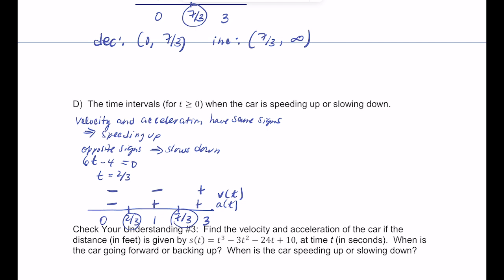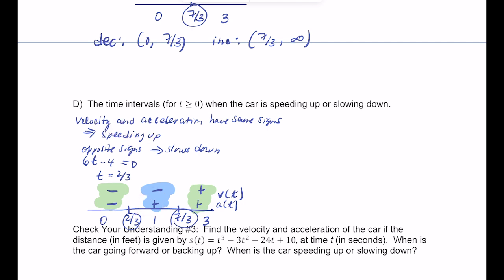Okay, so what I can see here is that the signs are the same here and the signs are the same here, and they're different right here. Okay, so when the signs are the same, it means that the car is speeding up. When the signs are different, it's slowing down.